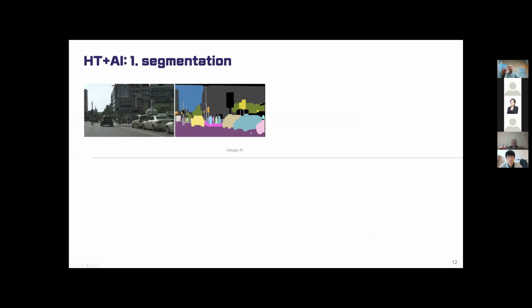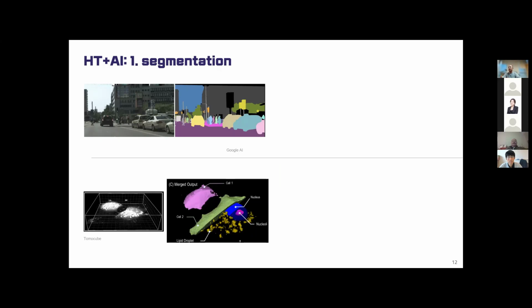This is like segmenting objects, such as pedestrians, vehicles, or buildings, from a one-shot photograph, which is used by Google AI and other AI companies for autonomous vehicle technologies. And we are using similar approaches for the analysis of the 3D tomogram of refractive index.